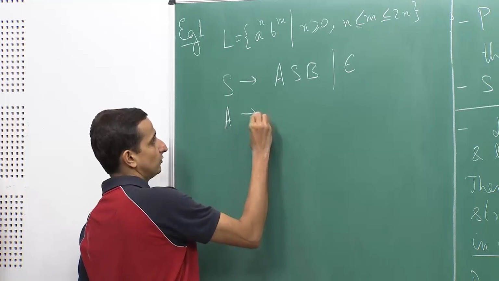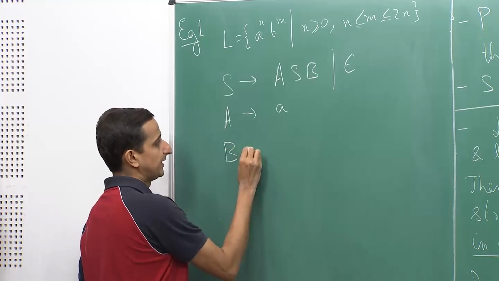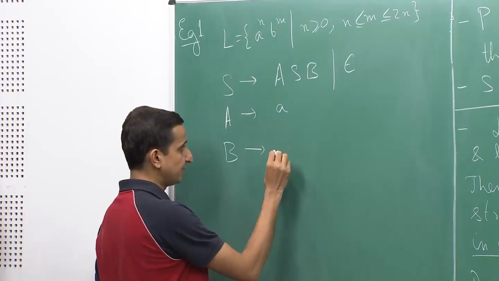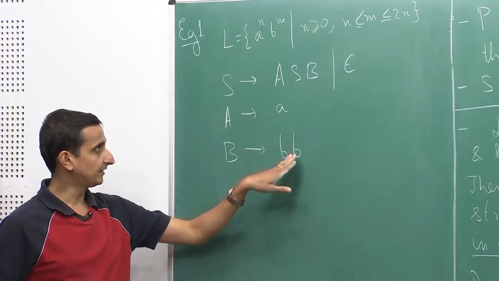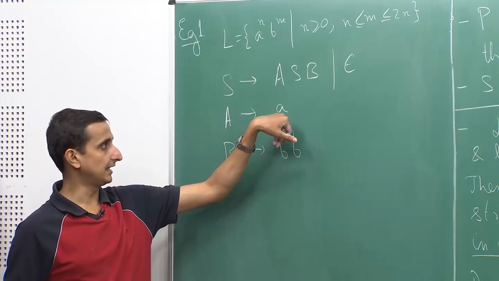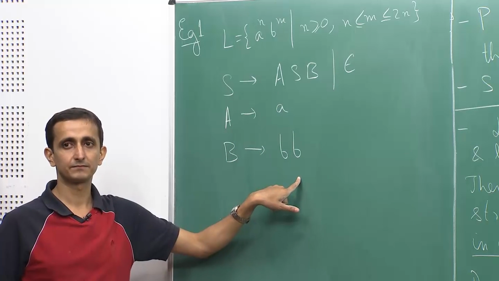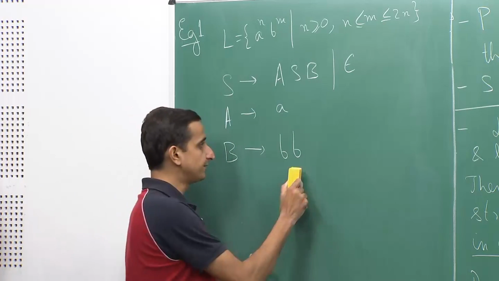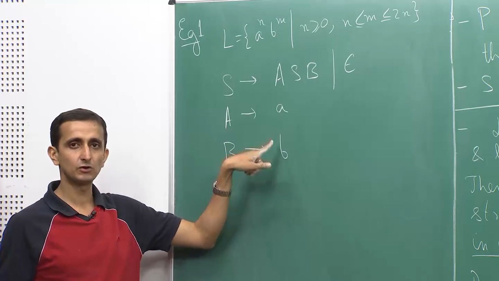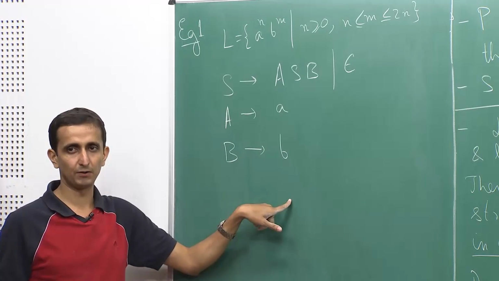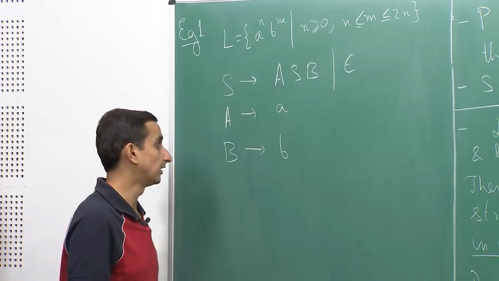And let us say that capital A goes to small a. Now, where do I send capital B to? If I send capital B to small bb, what I get is for every A I have two B's, which means if I have n number of A's, I will get 2n number of B's. Instead of two B's, if I just keep a single B, then for every A I have a single B, so n A's give n B's only. But what I want is something between n and 2n.